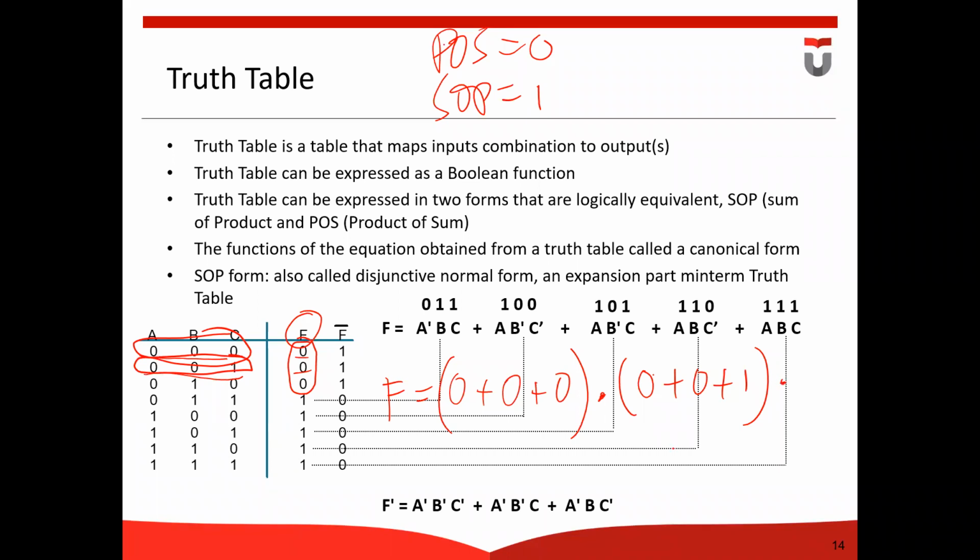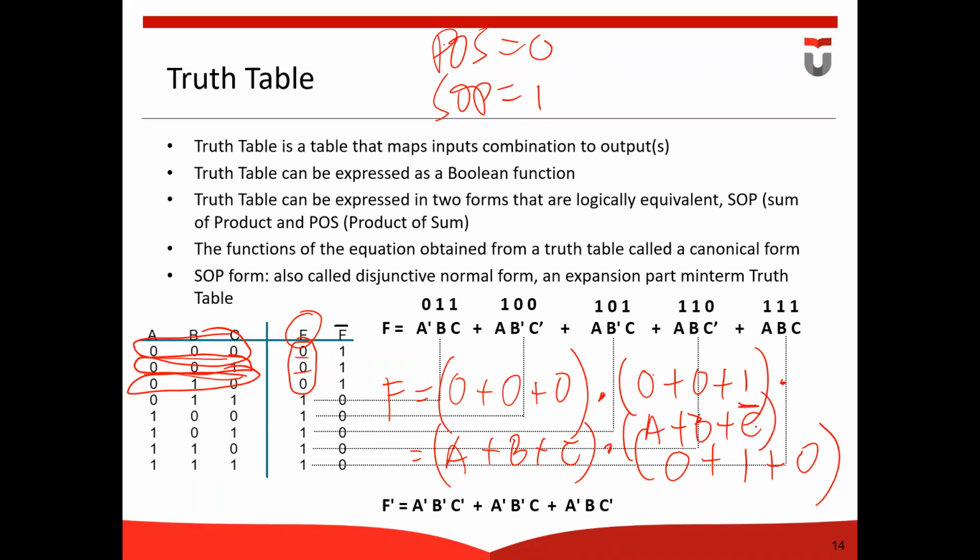And then times what? 0 plus 1 plus 0. The third combination. And then we're going to represent this 0 and 1 by using the input's name. So it will become A plus B plus C times, this one to become A plus B plus C not, because this is 1.